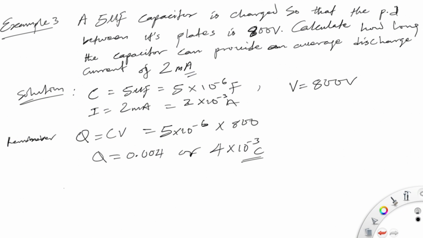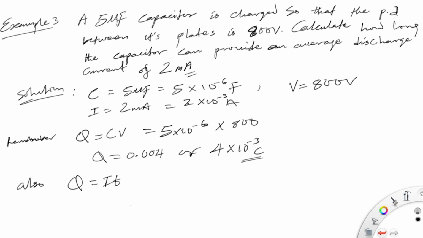Alright, that's that. And also Q is equal to IT. We were asked to determine how long the capacitor can provide an average discharge current of 2 milliamps, right? So what are we now looking for?